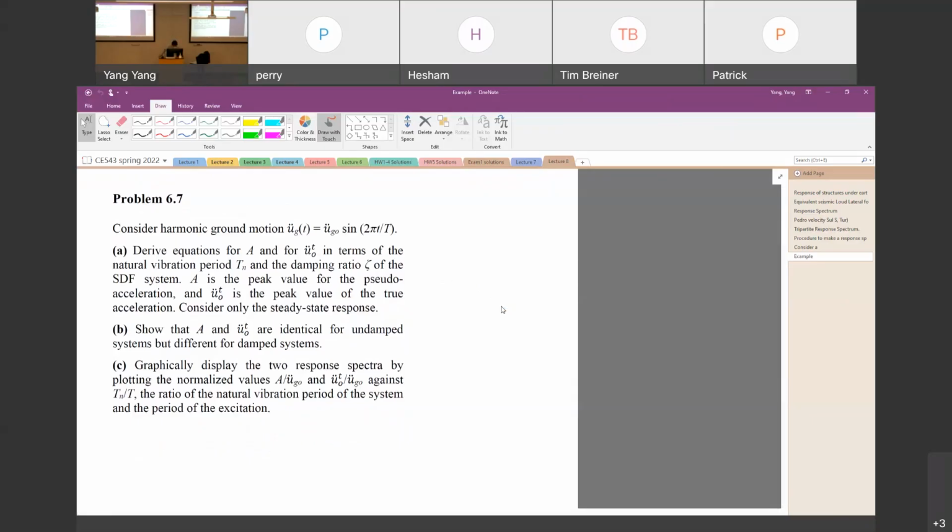So we have the harmonic ground motion. The time history of the acceleration can be expressed as the amplitude times sine(2 pi t over T), where T is the period of it.